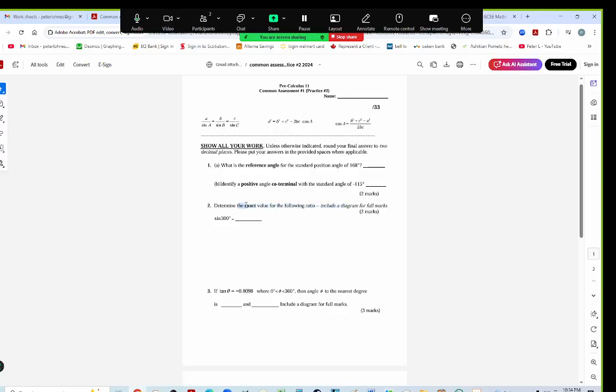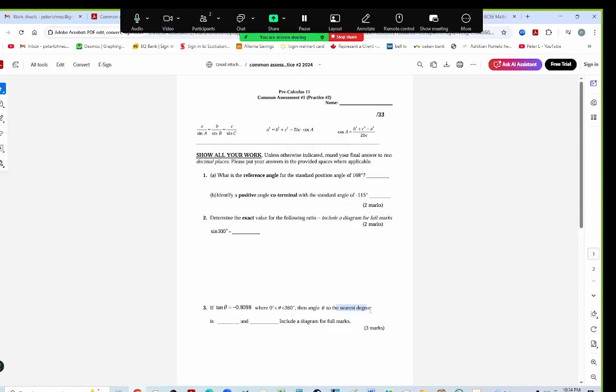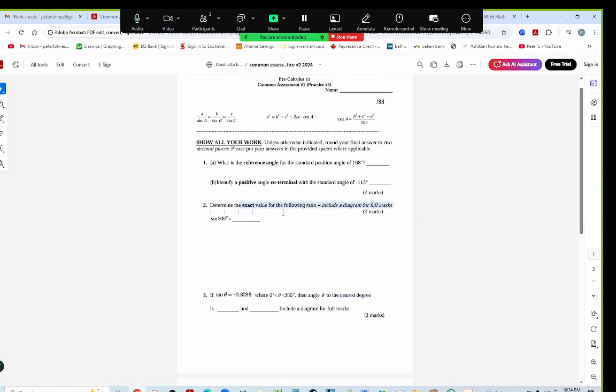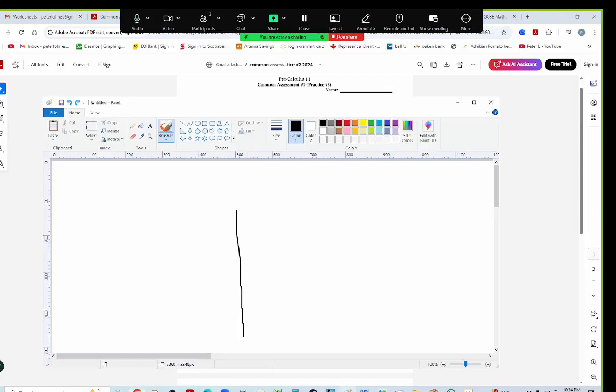So when you see exact value or when you see decimal, here's a hint. You see nearest degree on this next question down there. When you see nearest degree, that means calculator. When you see exact value, it means you have to use your special triangles. So let's look at where 300 is. Ready?